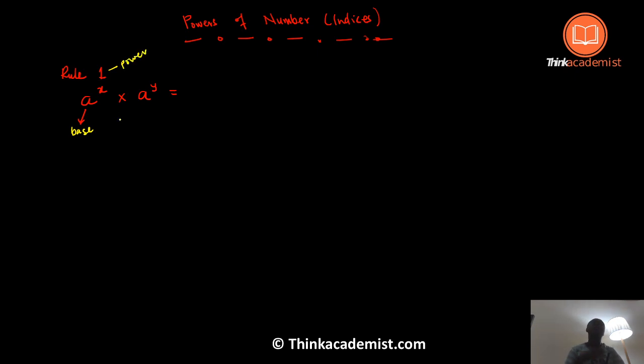You'll be hearing me make reference to this. Once the base numbers are the same, something will also happen to the powers, and it means we can write them as a single entity. We are not going to repeat the a again.